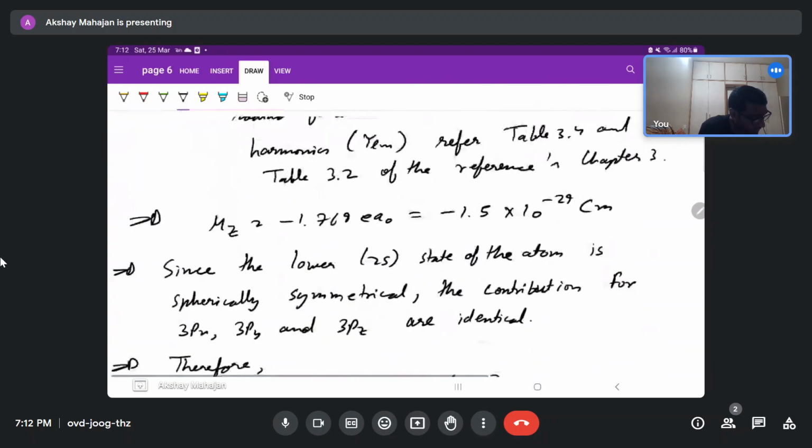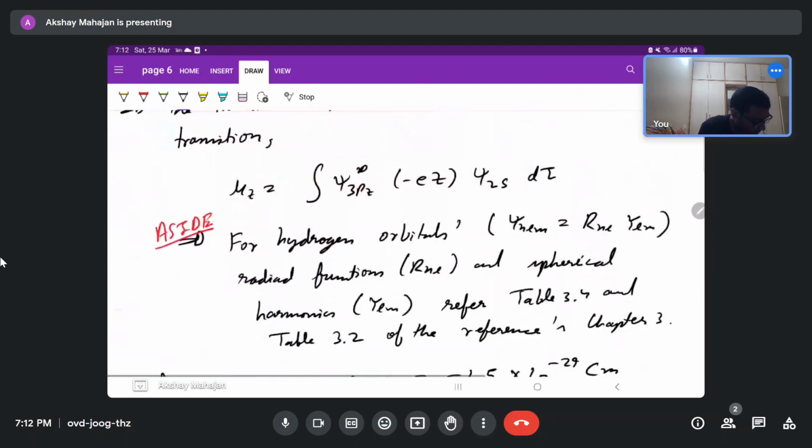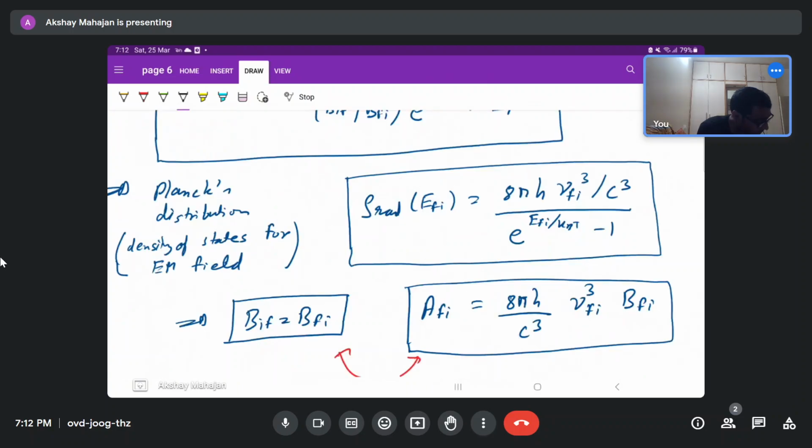Now to find A, we have to use this formula, 8 pi h upon c cube. So we have the B value, but we also need to find this frequency, nu.